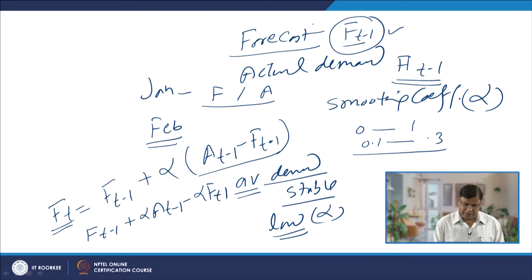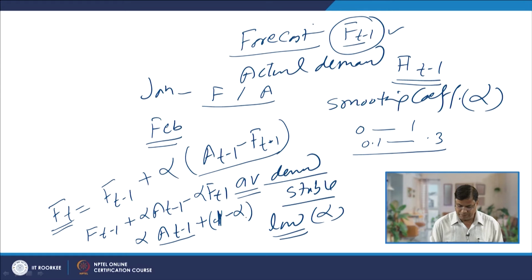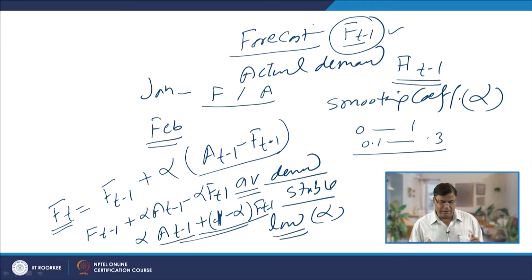Since we have two F t minus 1 terms, we can rearrange this equation as alpha into A t minus 1, where alpha is the smoothing coefficient and A t minus 1 is the actual demand of the most recent period, plus 1 minus alpha into F t minus 1. So, this is how it can be rewritten in an arranged manner.